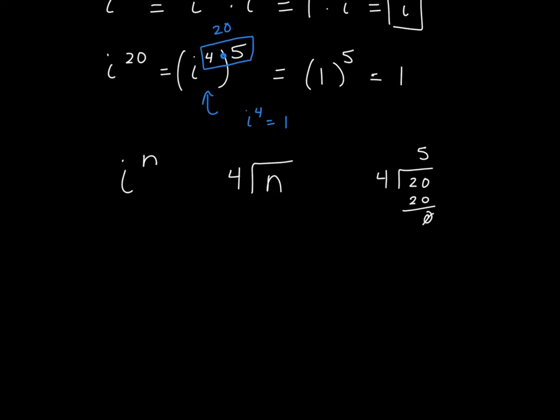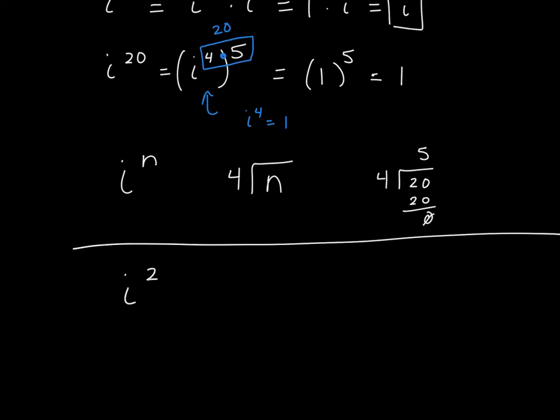Now that won't always go evenly. So let's say you had something else. Obviously it will not always go in equally. Let's do another question. Let's say it was i to the 22nd. Again, I take the 22 and divide it by 4.